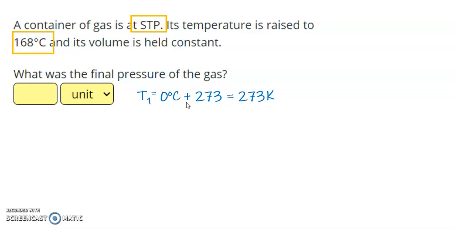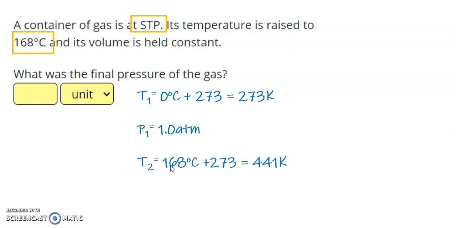We need our temperature to be in Kelvin, so add 273, and that's 273 K. We also know the pressure at STP. So temperature is 0 Celsius, pressure equals 1 atmosphere at STP. The temperature changes, it's raised to 168 degrees Celsius. We add 273 to get that into Kelvin, and we don't know the final pressure.